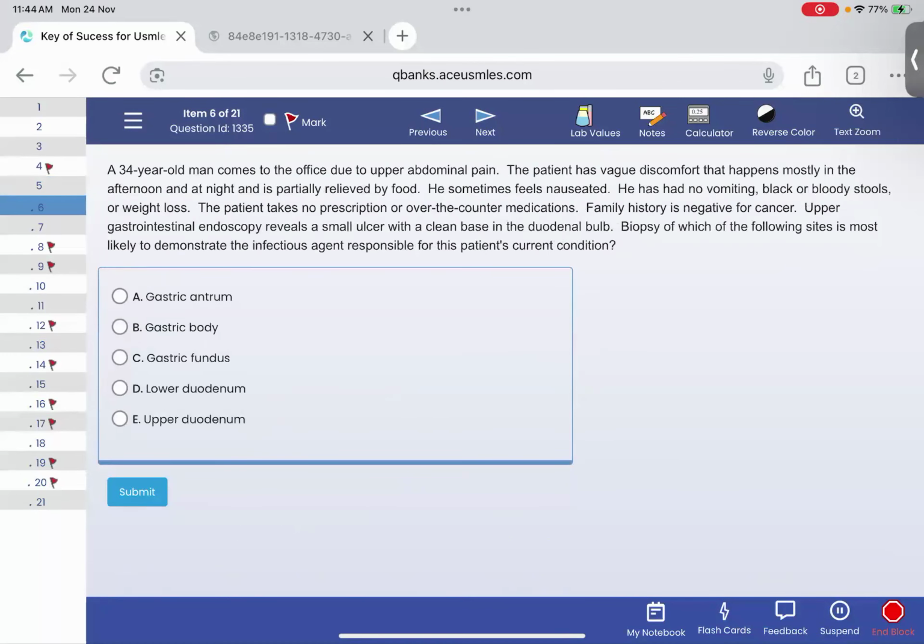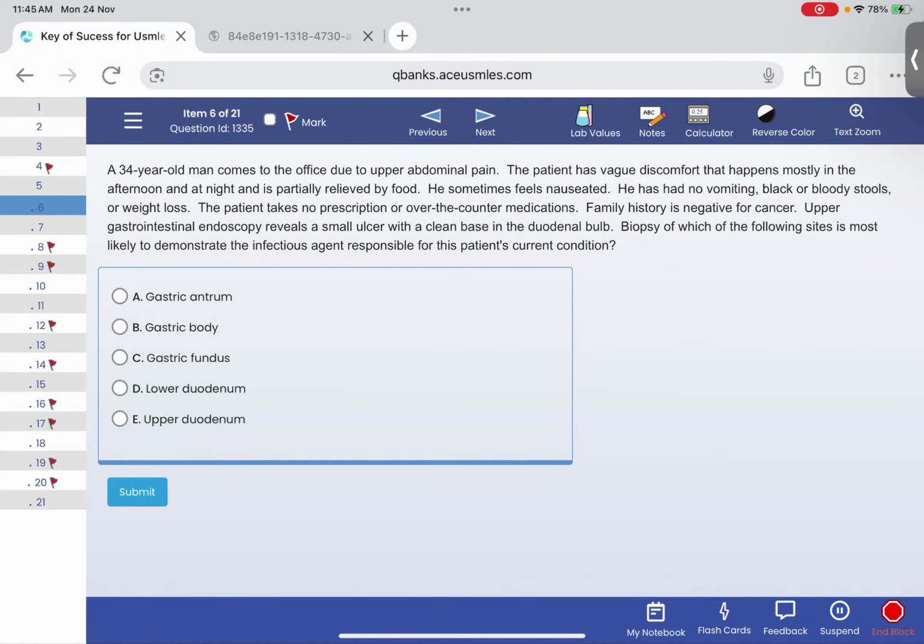All right, next question. Biopsy of which of the following sites is most likely to demonstrate the infectious agent responsible for this patient's current condition? A 34-year-old man comes to the office due to upper abdominal pain. The patient has a vague discomfort that happens mostly in the afternoon and at night and is partially relieved by food.